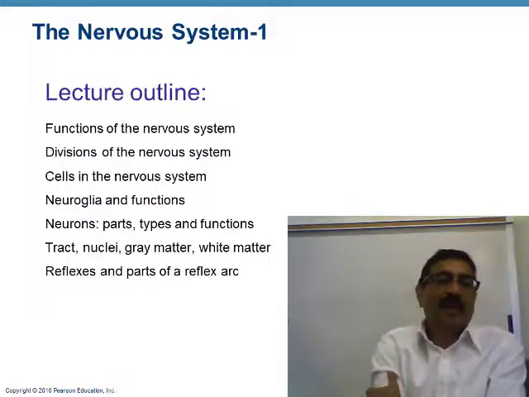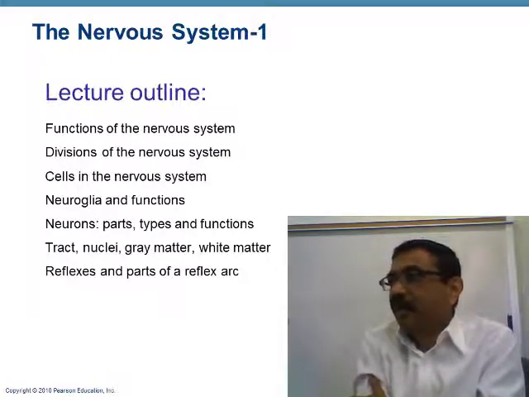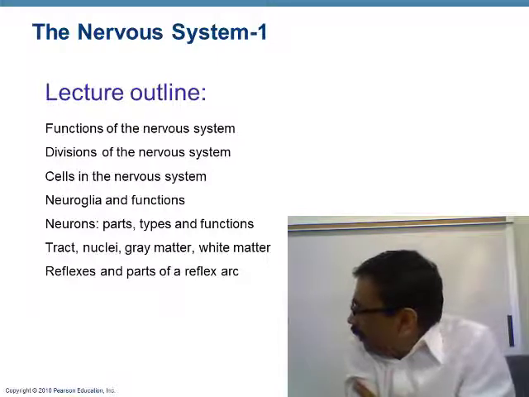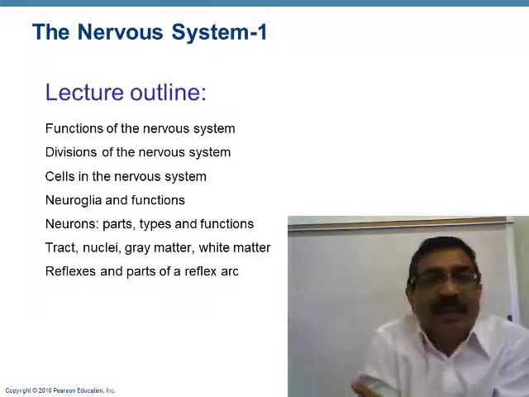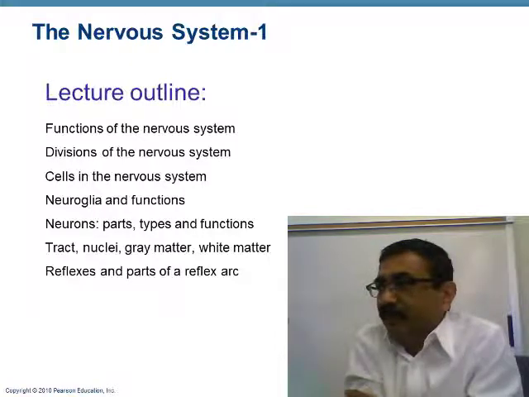So I'll explain what those structures are: what the tracts are, what the nuclei are, what the white matter and gray matter are. Then we'll talk about the reflex and the parts of a reflex arc. Arc is the circuit needed for the reflex. So those are the things we will talk about.